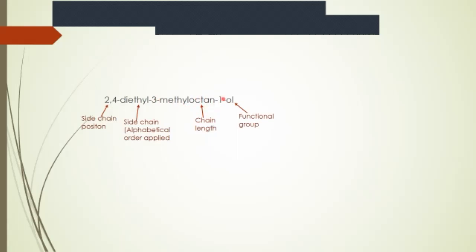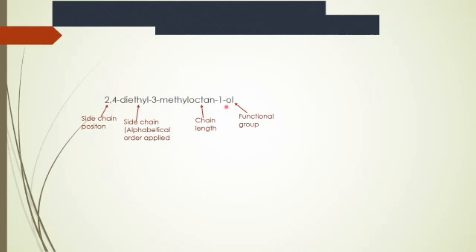You must have the position of the functional group. It is preferred to be in between so that when you read the name, you can clearly see where your functional group is located. In this case, oct means there are 8, octane, and then 1 of, which means your functional group. The suffix ol tells you that it's an alcohol.